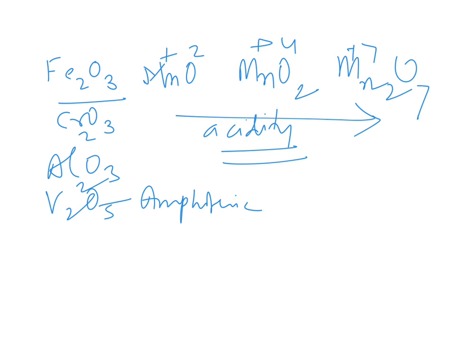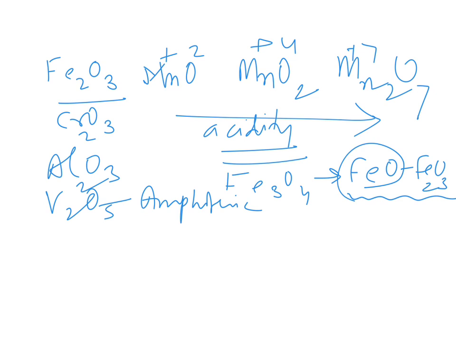Then we have mixed oxides in these D block elements. Suppose Fe3O4. Fe3O4 means FeO and Fe2O3 combined. Actually it is in the combined form FeO and Fe2O3.